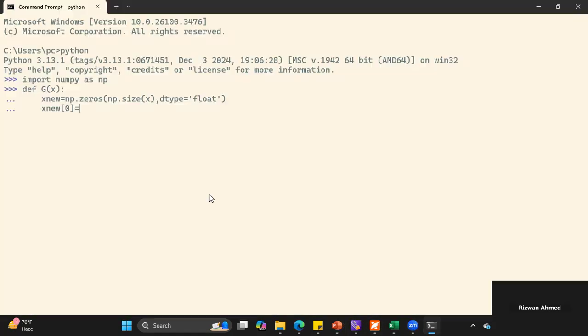So it will be x1 squared by 4, and x new of 1 will be equal to numpy square root of 1 minus x 0 squared. That's it, and the function should return the x new vector, and that's it.